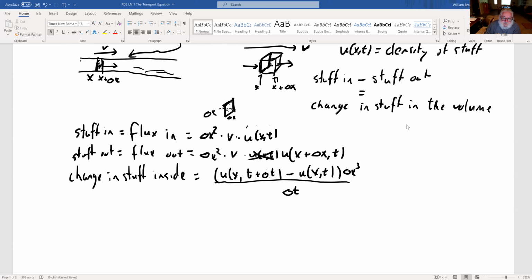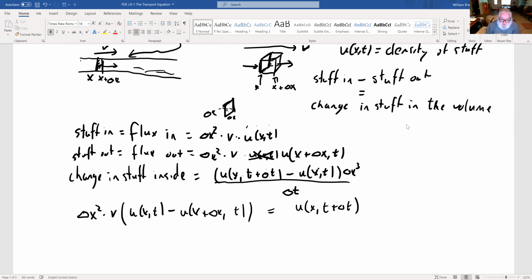So stuff in minus stuff out gives you delta x squared times v times u of x comma t minus u of x plus delta x comma t equals u of x, t plus delta t minus u of x, t, times delta x cubed over delta t.